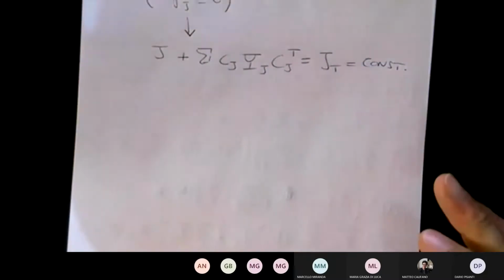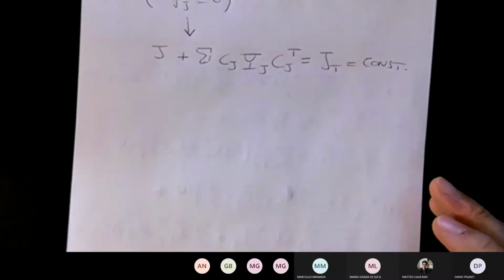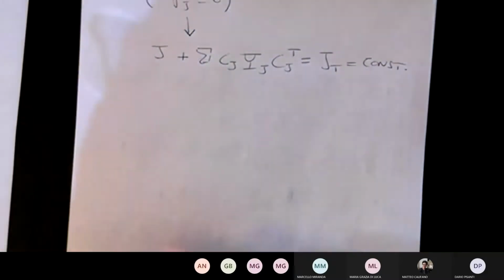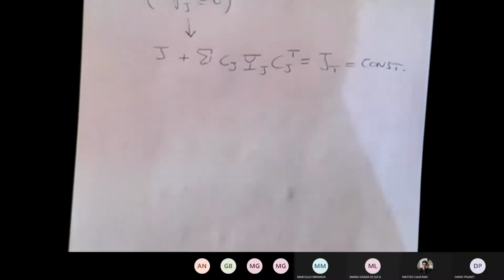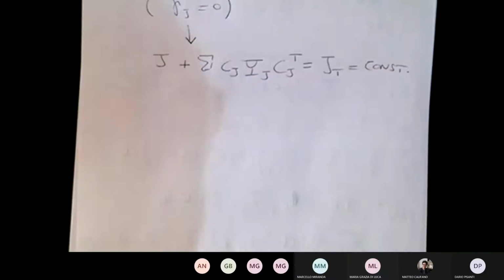And go to the big expression we just computed for the final equation, and you will see, oh, it's just behind.